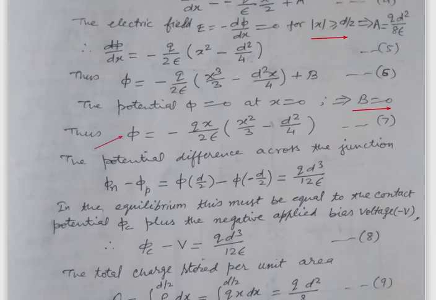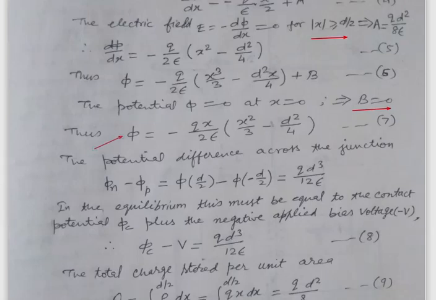Substituting in equation number 7 the values of x equal to plus minus d by 2, this gives us phi n minus phi p equal to q d cube over 12 epsilon.